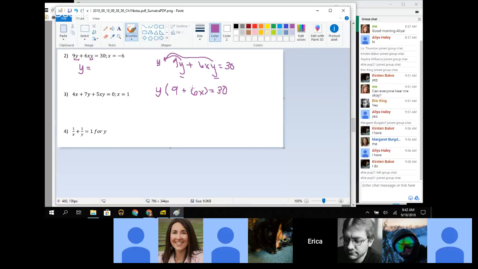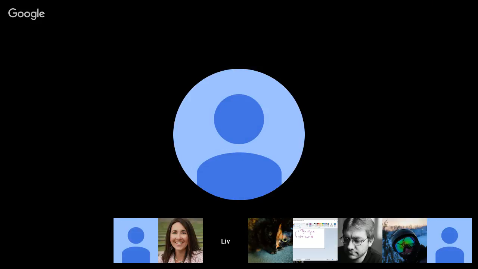Okay, so this is kind of a creative way to get y by itself. Right now we have y by itself. It's y multiplied by something equals 30. Is everybody okay with how I went from this equation to this equation? Yeah. That makes sense?